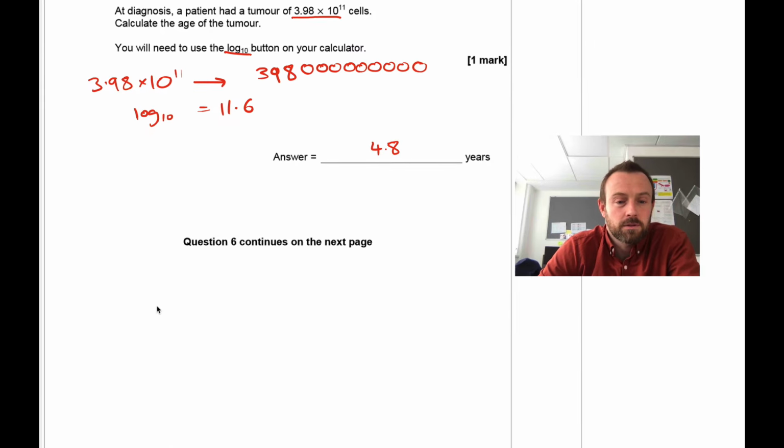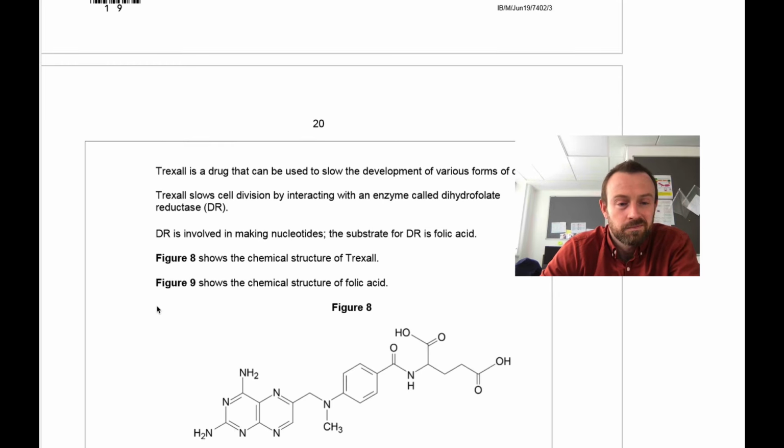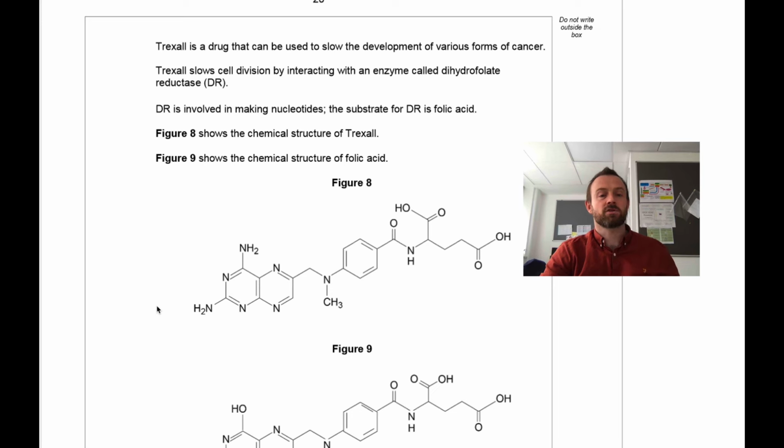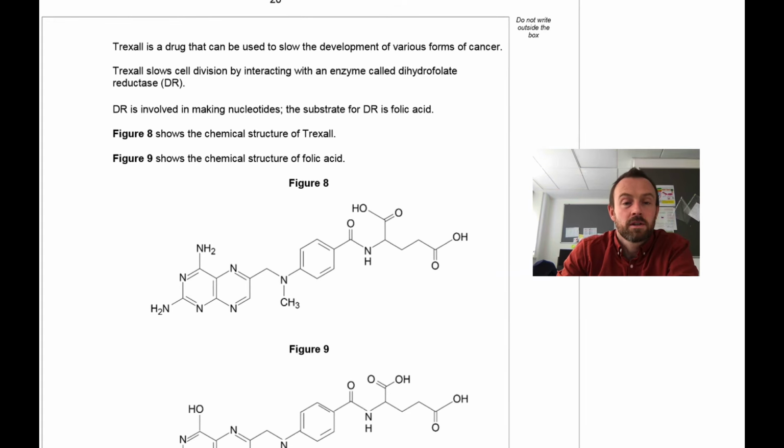All right, keep going. Trexol is a drug that can be used to slow the development of various forms of cancer. So slow development, so maybe not necessarily kill, but slow. Trexol slows cell division by interacting with an enzyme called dihydrofolate reductase. I've heard of this somewhere, I can't remember why. DR is involved in making nucleotides.